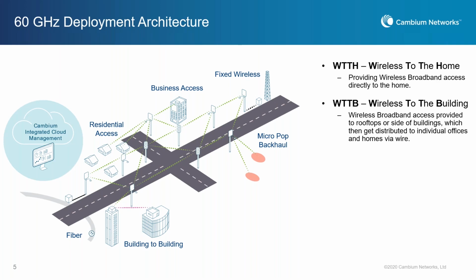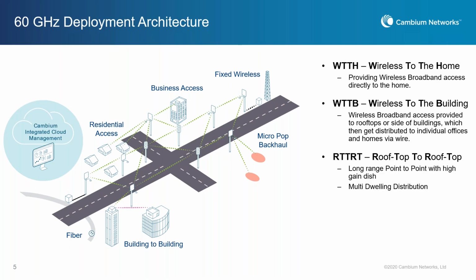The other application is campus connection, where we can do rooftop to rooftop connections. This can be done to serve individual buildings, or we can serve multi-dwelling units. Because of the multi-gigabit capacity for a single point-to-point link, today we do 3.8 gigabits.